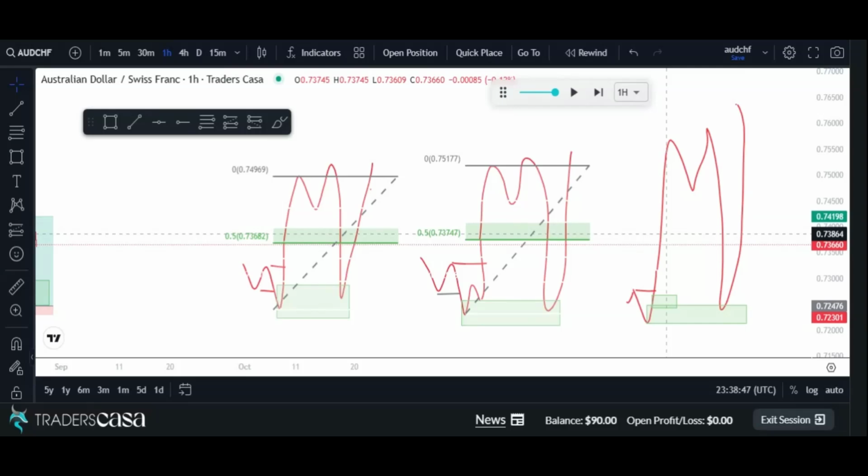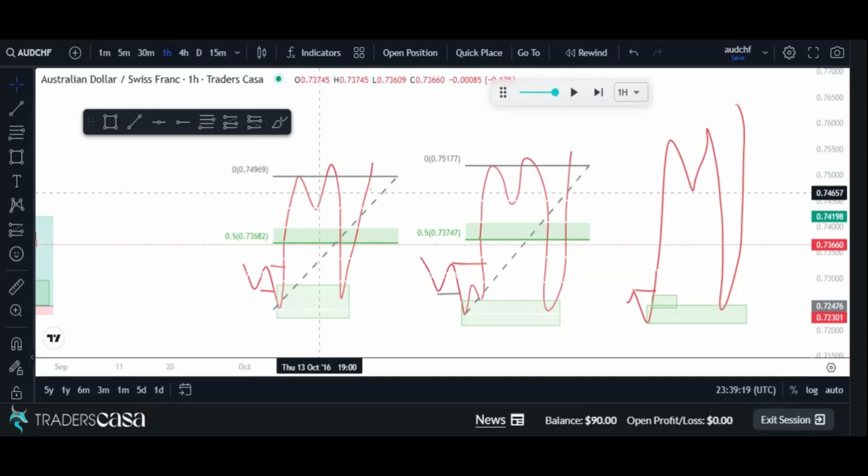All right. So when a breaker block occurs, even if it is the type one, which is the breaker block with a sweep and a break of structure, just use your Fibonacci and measure from the low to the high of this break of structure.